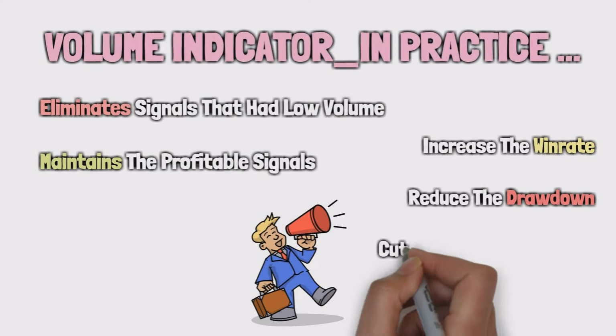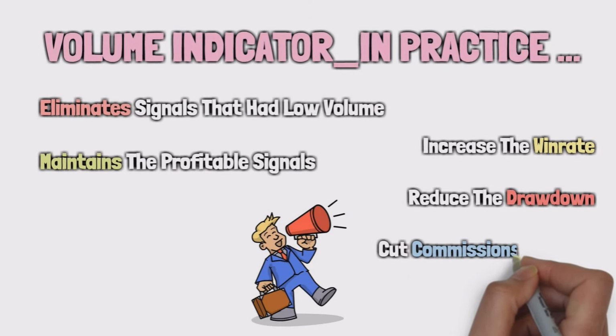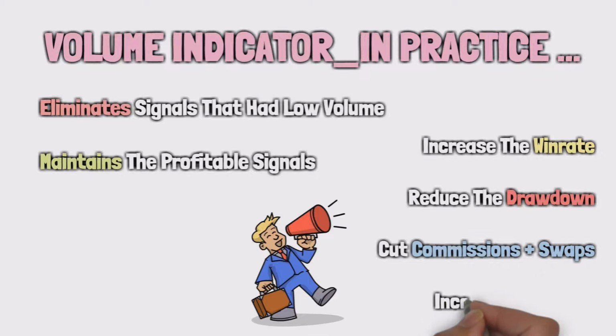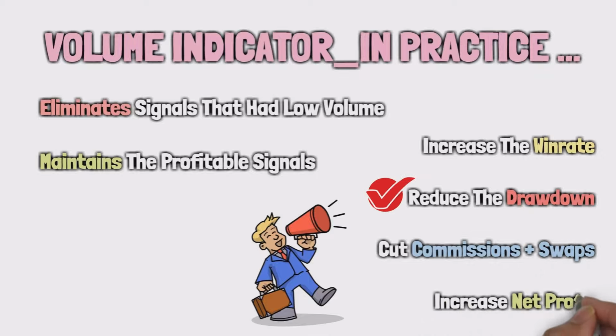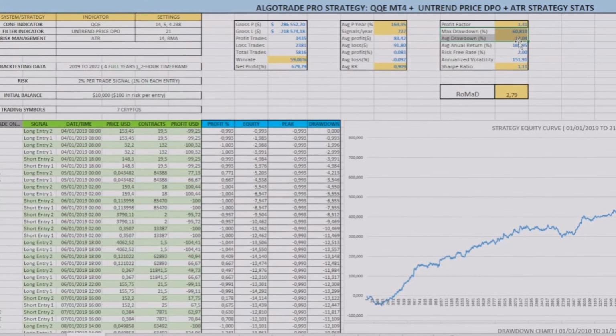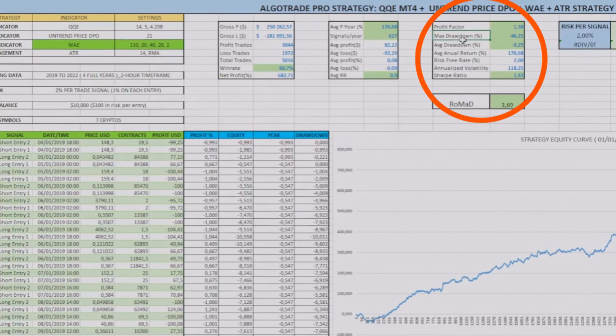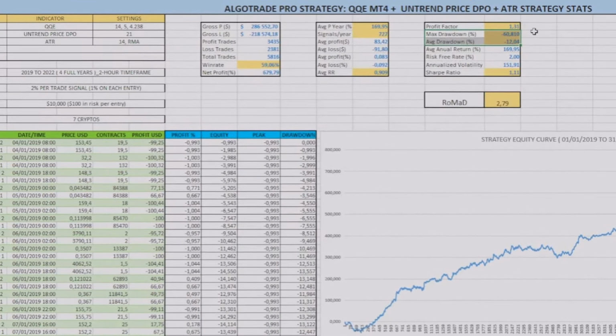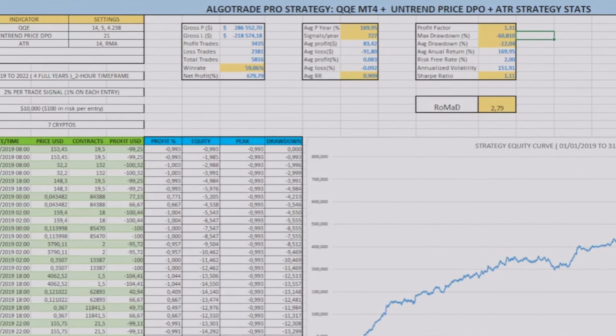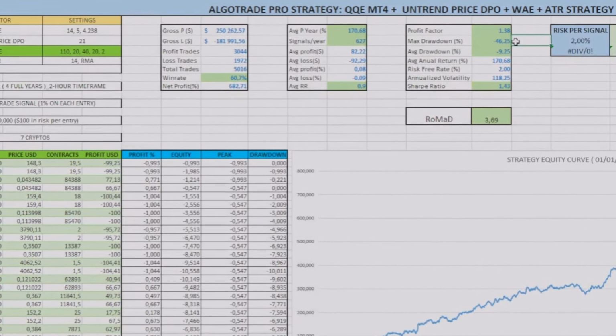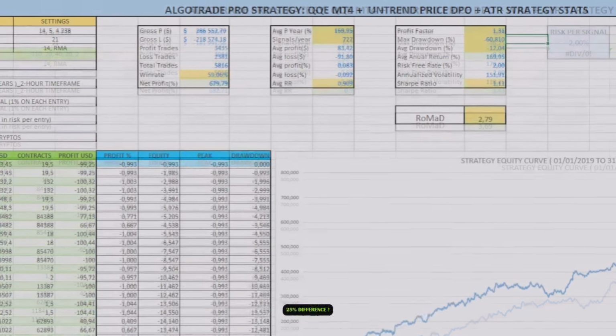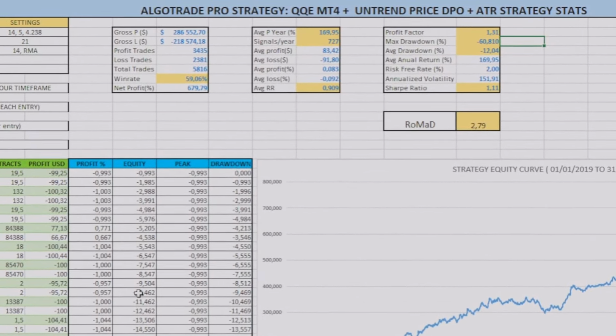Now, remember what I told you at the beginning of this episode? That the volume indicator can decrease the max drawdown of any strategy? As you can see, that was exactly what happened in my strategy. The max drawdown decreased from 60.8 to 46.2%, which is a 25% difference, which is a lot.